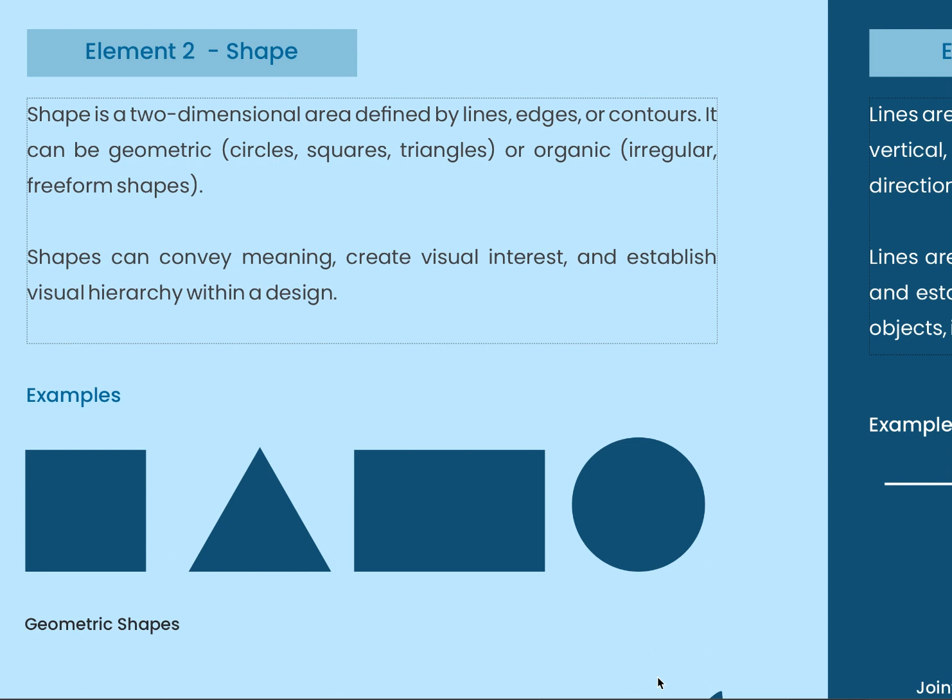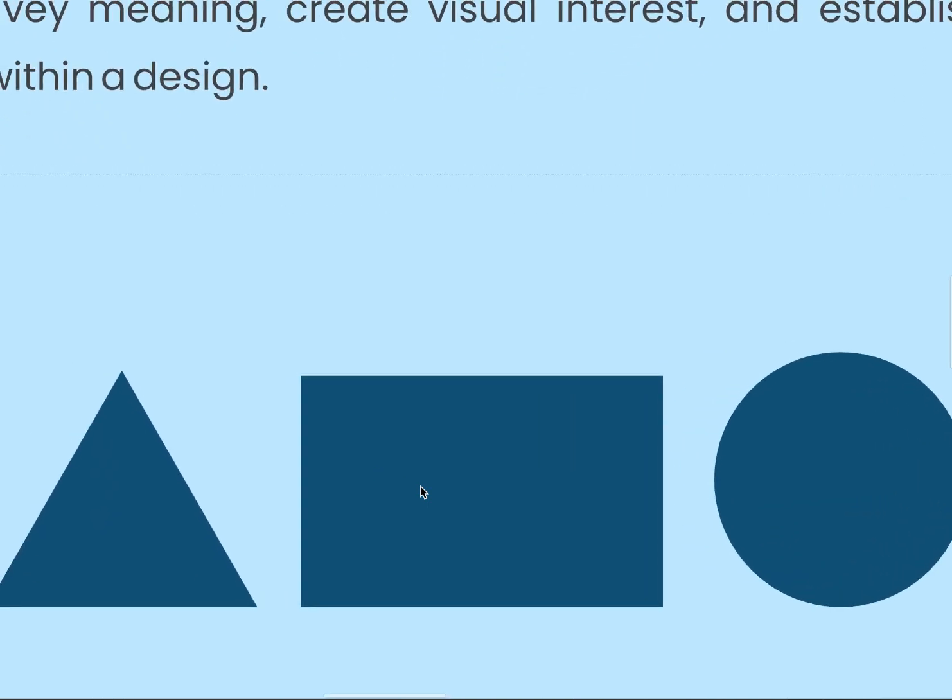Now, shapes are the two-dimensional area defined by line. Forms are defined by shapes. Shapes are defined by line. You see, for example, when we go from corner one to corner two, these are lines that are put together to form a shape.